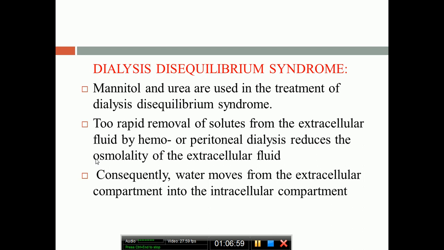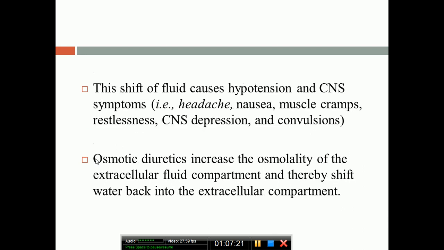Dialysis disequilibrium syndrome. Mannitol and urea are used in the treatment of dialysis disequilibrium syndrome. Too rapid removal of solute from the extracellular fluid by hemo or peritoneal dialysis reduces the osmolarity of the extracellular fluid. So consequently, water moves from the extracellular compartment into the intracellular compartments. This shift of fluid causes hypotension. Simply, what happens if someone is undergoing dialysis?